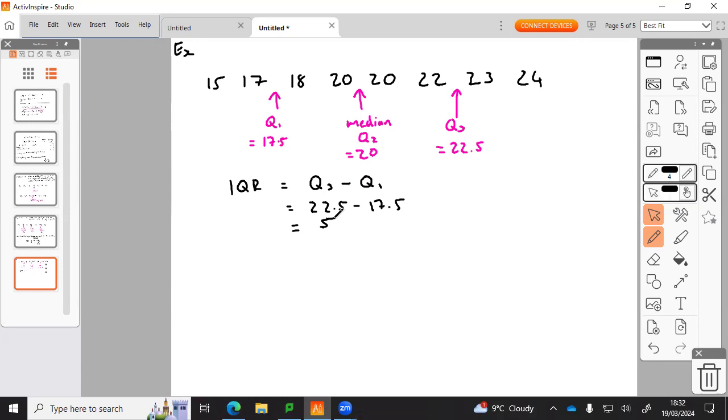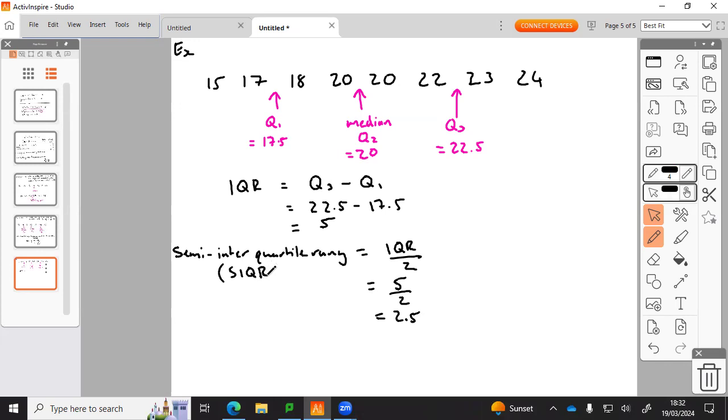The semi-interquartile range is equal to the interquartile range over 2. So in this case, 5 over 2, which is 2.5. Honestly, it tells you very similar things. It tells you how far the things have spread.